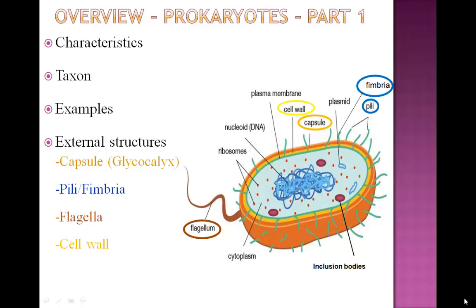In part 1, we will first go over the characteristics of prokaryotes, taxon, and examples of prokaryotes.